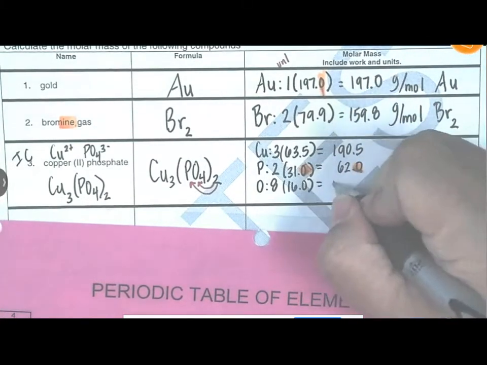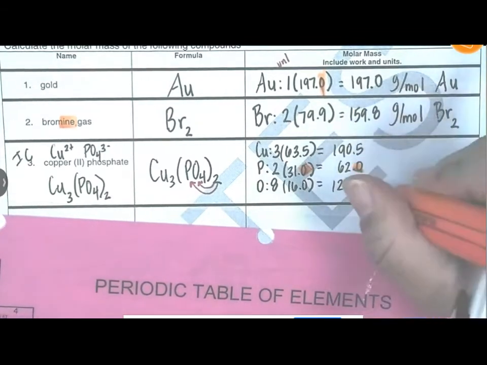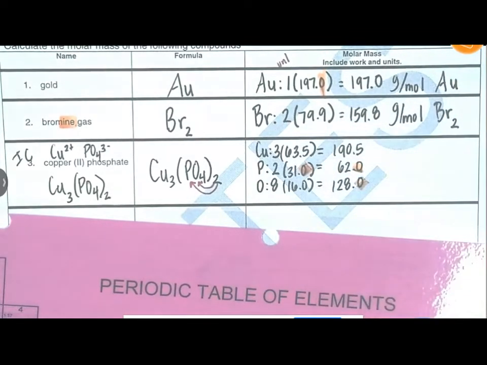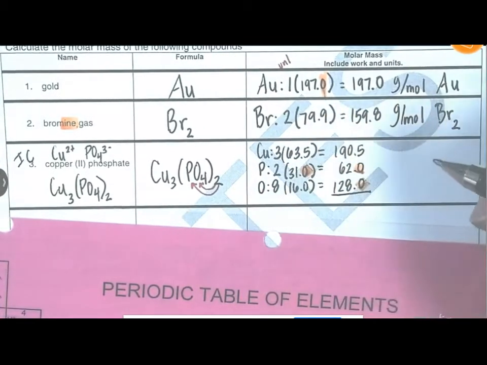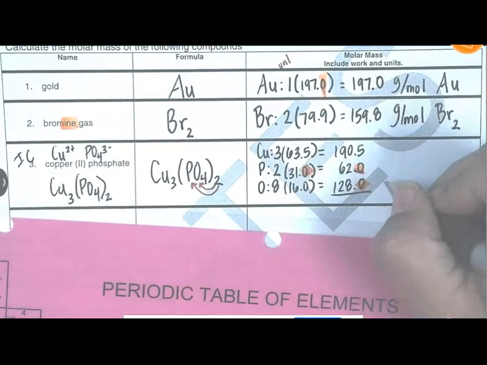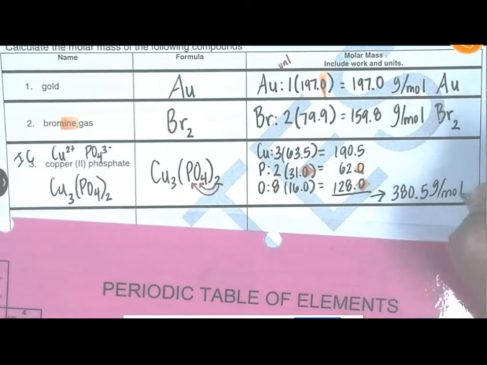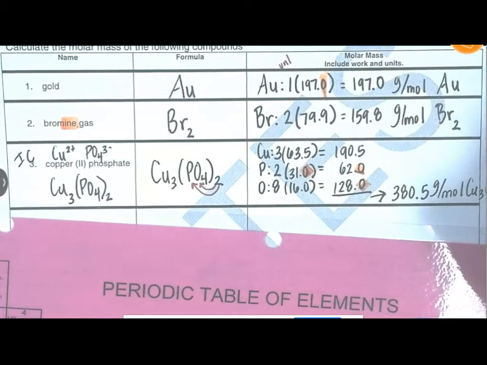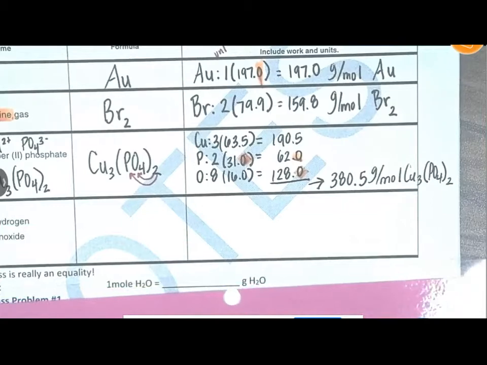And then I have here 128.0. Once again, my calculator might give me 128, but I have to keep 1 decimal place. So if I don't have a digit there, I put a 0. So when I add those up, I get 380.5 grams per mole of the substance Cu3(PO4)2.